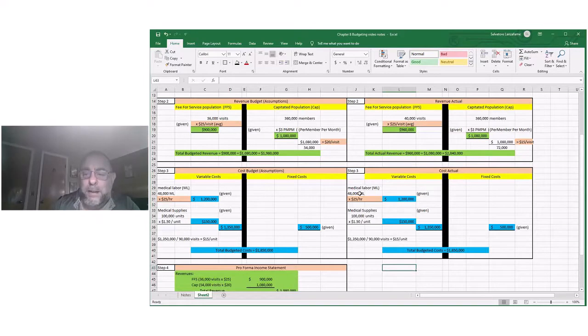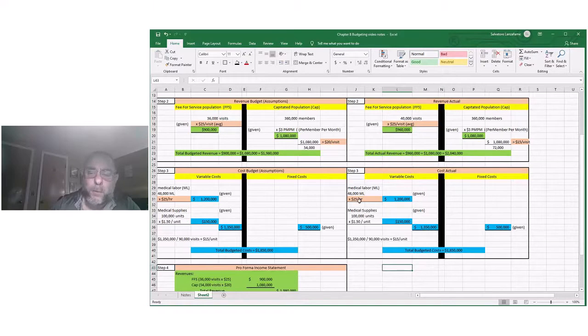So when it comes to the medical labor, they were anticipating 48,000 hours of medical labor, but it sounds like a lot of people came in, maybe some people had to work overtime. The actual hours ended up being 59,900.